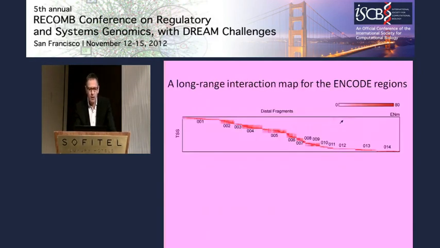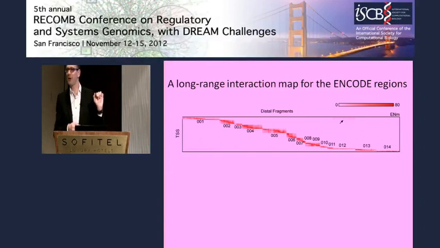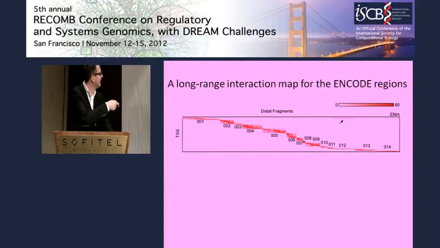Here's an example of one such long-range interaction map. It's in fact only for a subset of the ENCODE regions. Every row here in the heat map is a single transcription start site interacting, in this case, with about 15 megabase of genomic DNA. Now, these squares you see here are not topologically associating domains. These are actually individual ENCODE regions.